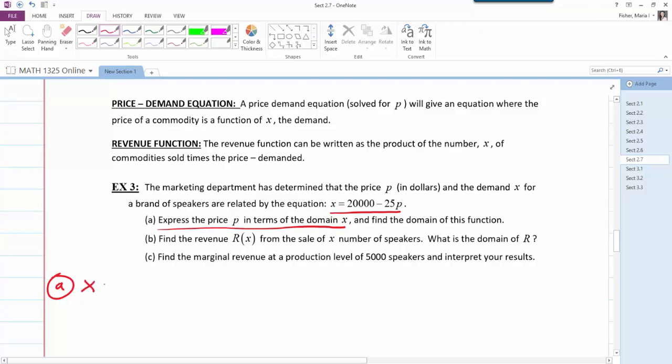So I have X is equal to 20,000 minus 25P.